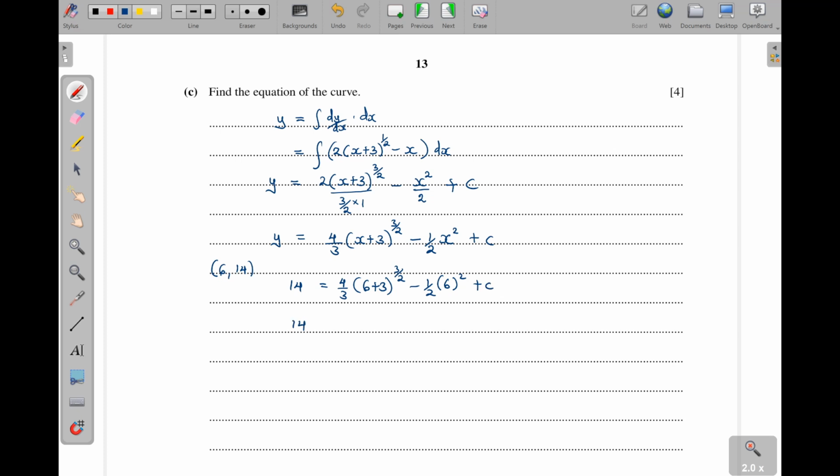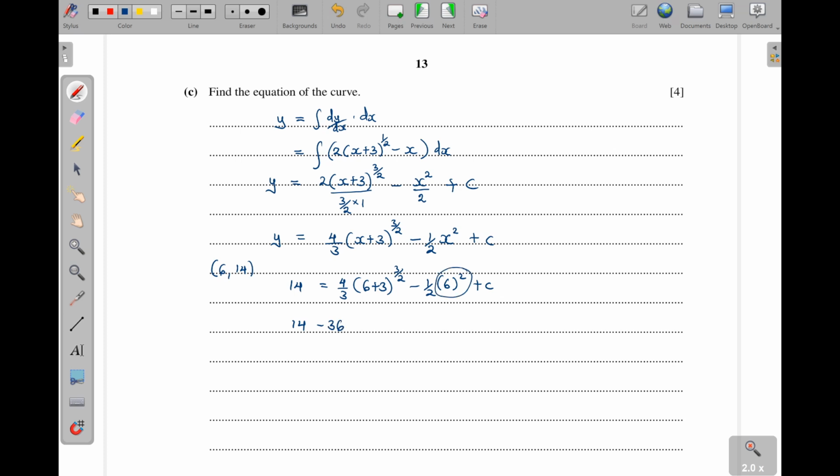Now this is 14. This is 9. The square root of 9 is 3. Then 3 to the power 3 will give us 27. 27 divided by 3 will give us 9. 9 times 4, that is 36. So I'll bring this one here as 36.